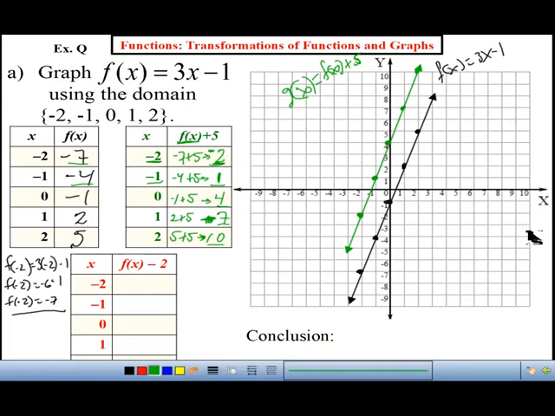Victor, what would you say? What would you tell your little bugging person that you do to the original line, this black line, to get to this green line? Roman, help him out. I would just say I moved it up 5 steps.